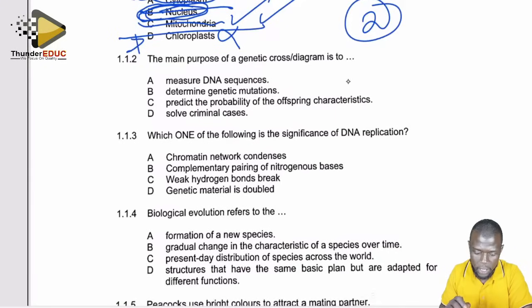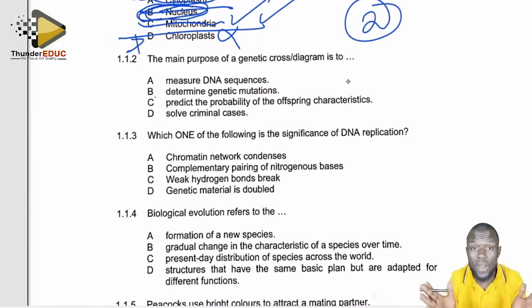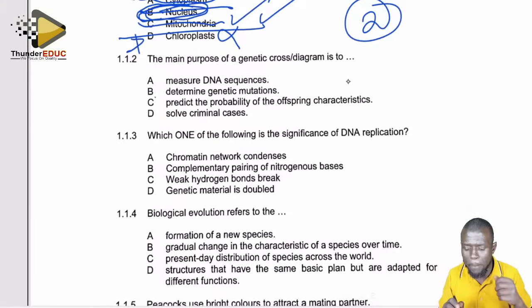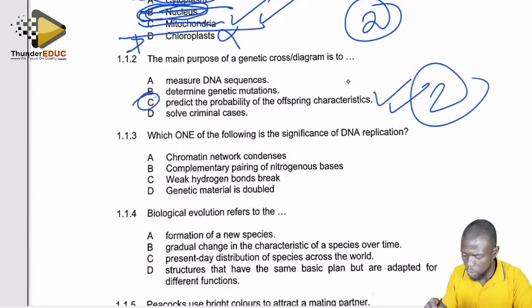So if you look at it here, we see that when you do the genetic cross, you find what we call the offspring. So the offspring's characteristics can be obtained. When you do a genetic cross or a genetic diagram, you're able to identify the possibilities of the offspring's characteristics. So the answer becomes C, so C becomes the most correct answer.